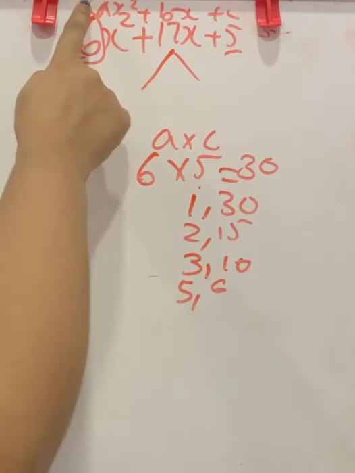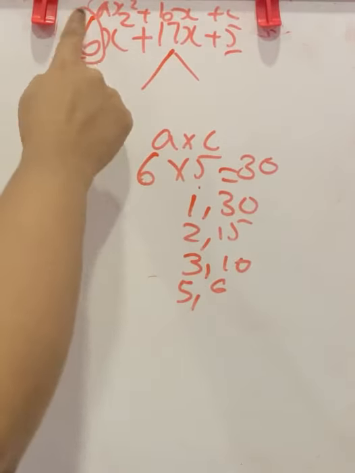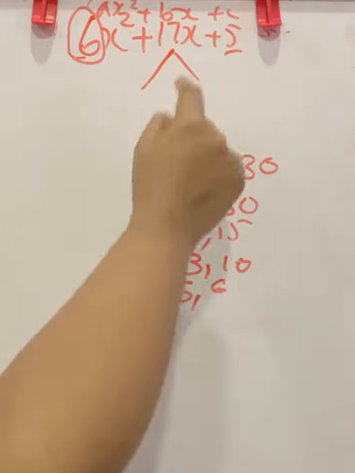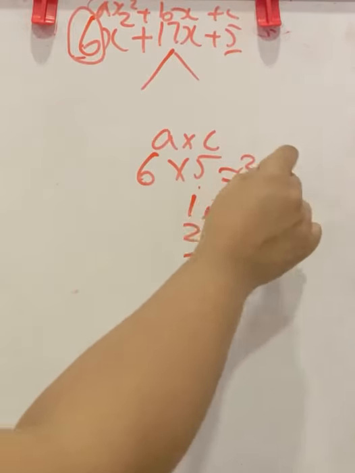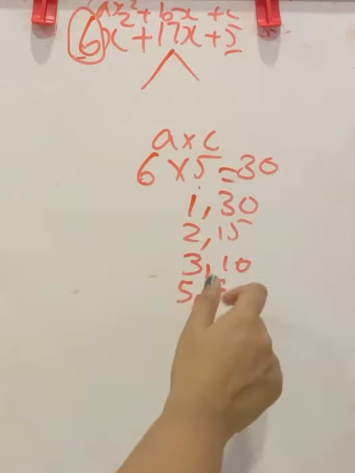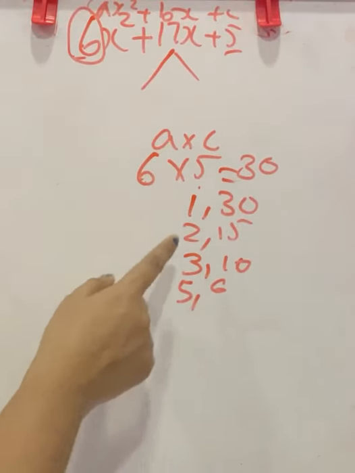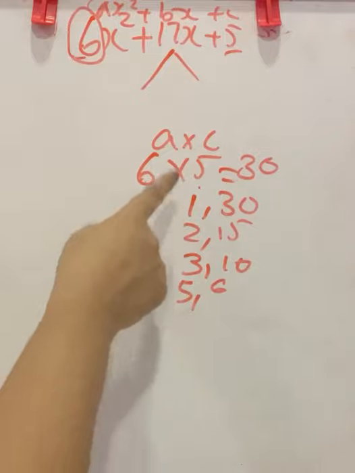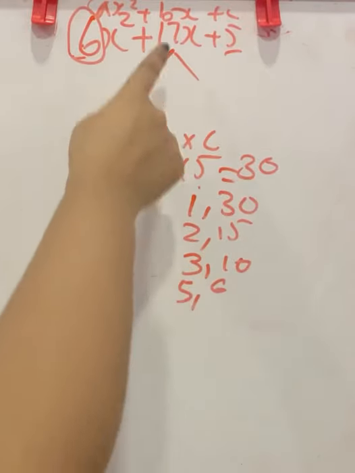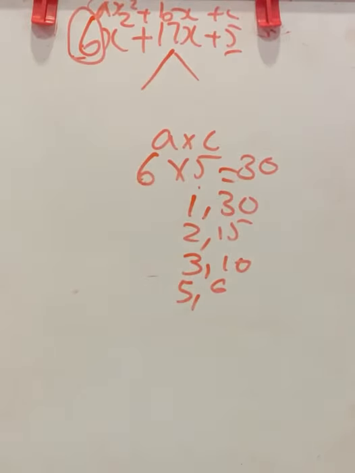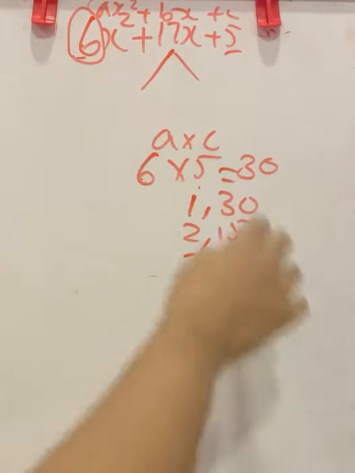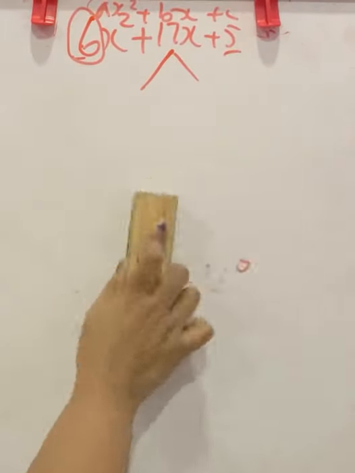So first we did a into c, that is the coefficient of x square times the constant term. We got a result and checked which factor combinations give this product, and we got these pairs. From those we choose the one where, after operating on them, we get the middle term's coefficient. Here it is 2 and 15, which gives 17. So consider 2 and 15.